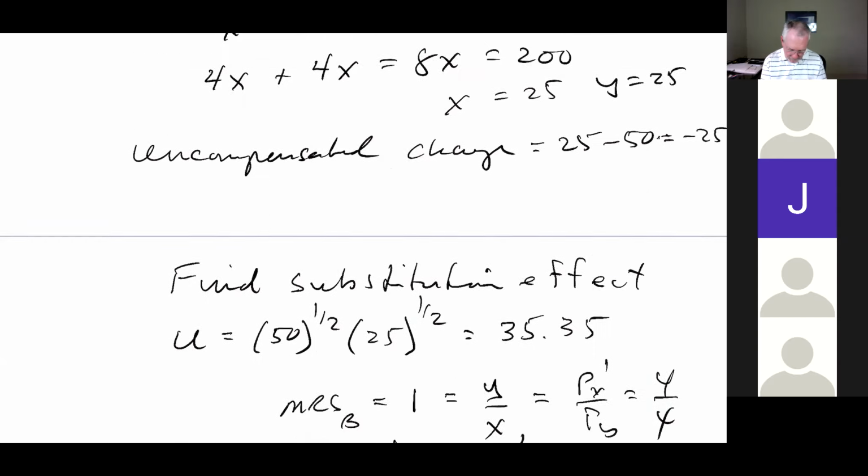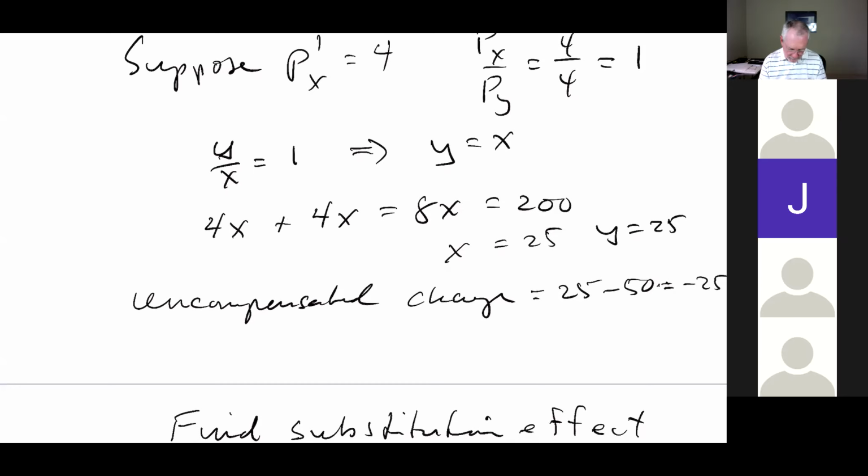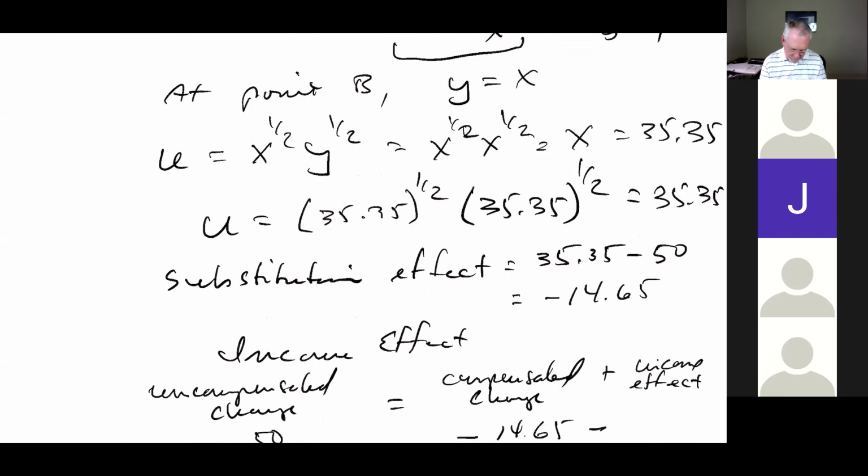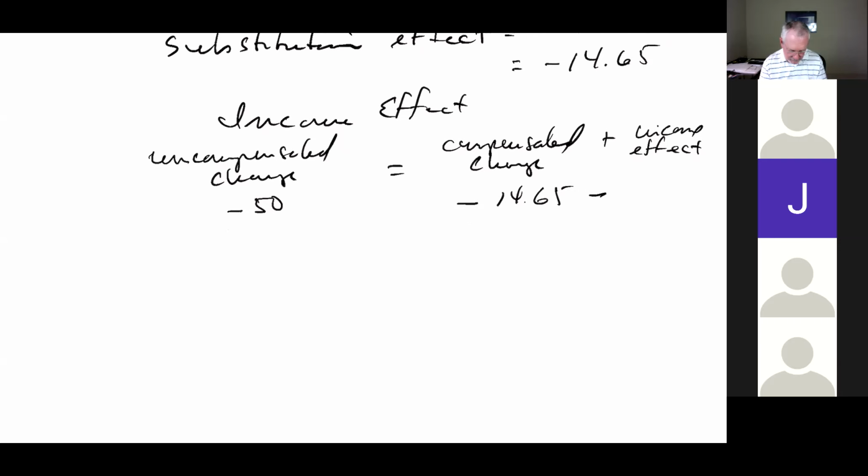Was it originally 50? I can't remember. I've already forgotten. No, the uncompensated change is 25. So uncompensated change 25. All right, so that is right, 9.35. Together they have to sum to the uncompensated change.